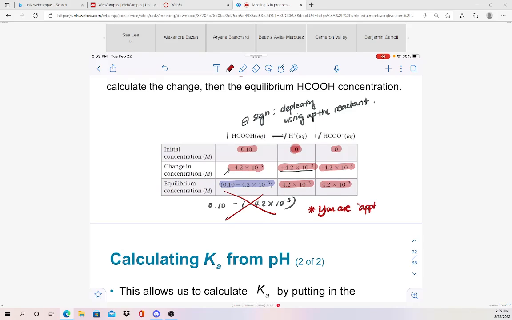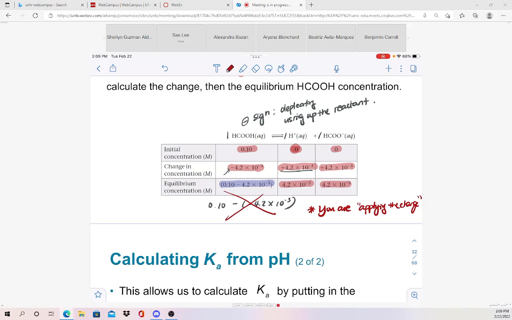Professor, I don't know if I'm getting confused, but for the equilibrium concentrations of the products, they are the same because they only have 1 mole of each, right?